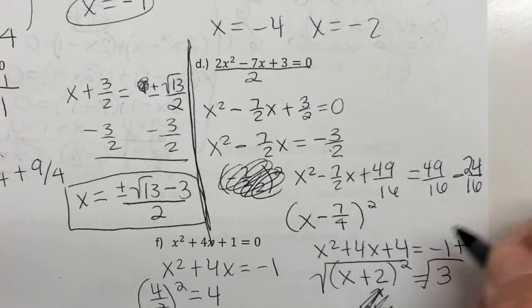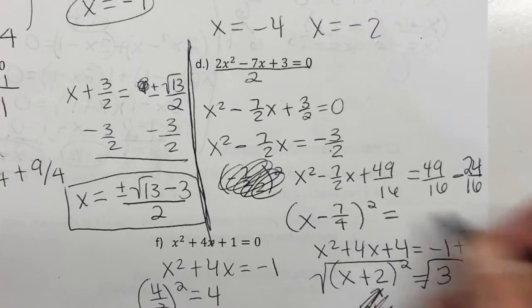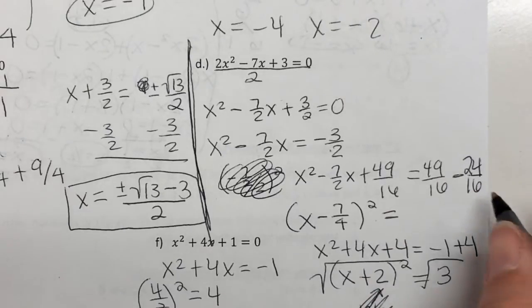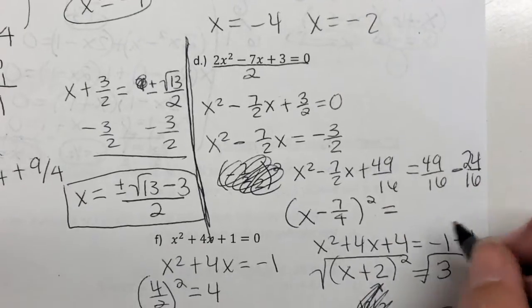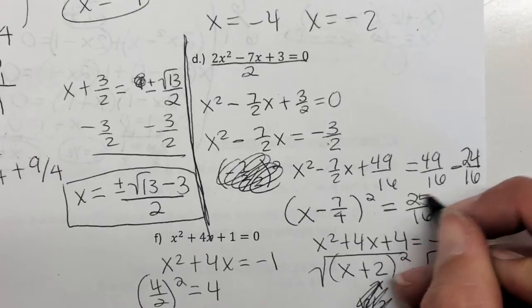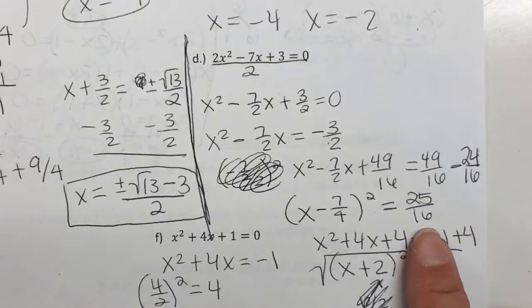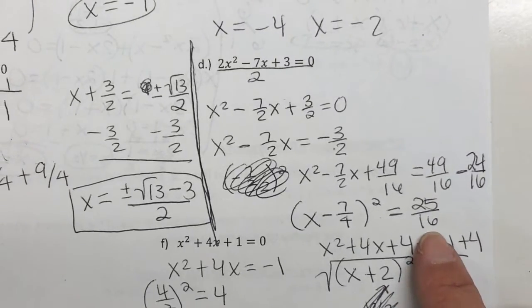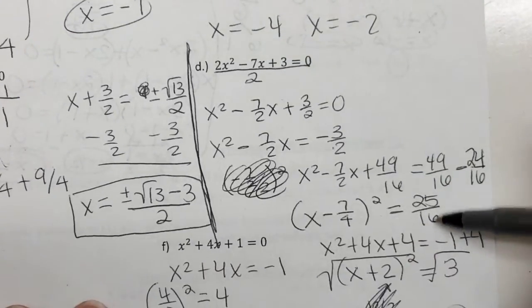Negative 7 over 4 squared. Equals, and over here I just leave the bottom the same, right? And what's 49 minus 24? 25. And you can see this one's going to get a lot easier, because what do you notice about this side? They're both perfect squares.